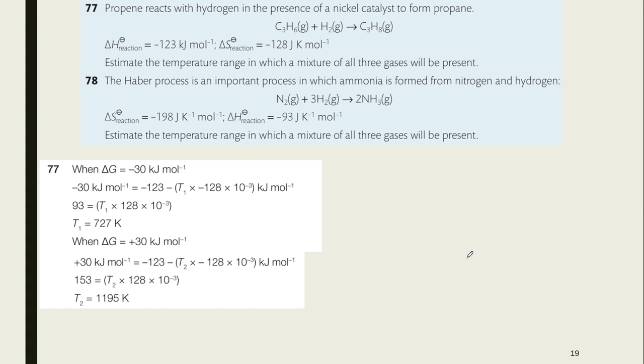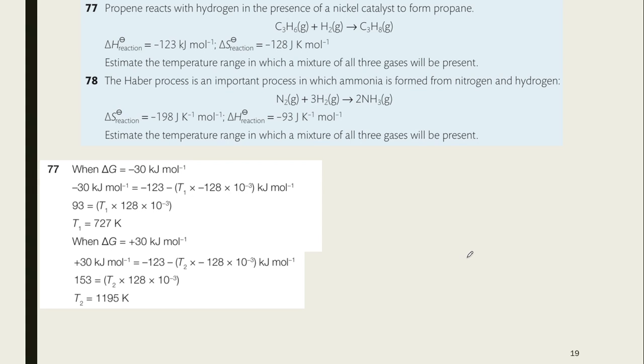If we use delta G as negative 30 and input our equation and solve for T, we get a value of 727 Kelvin. When delta G is positive 30, we get a temperature of 1195. So any temperature between 727 and 1195 Kelvin would give us an equilibrium mixture.